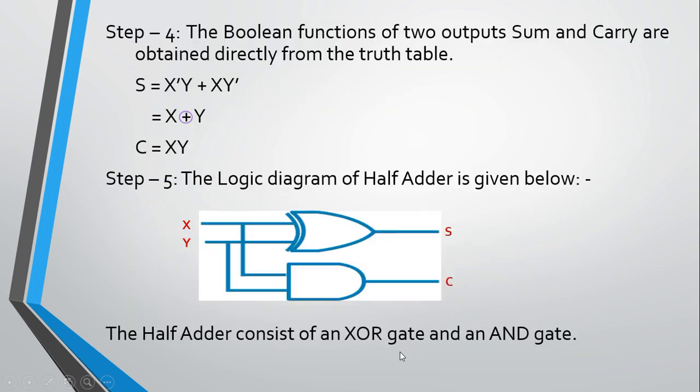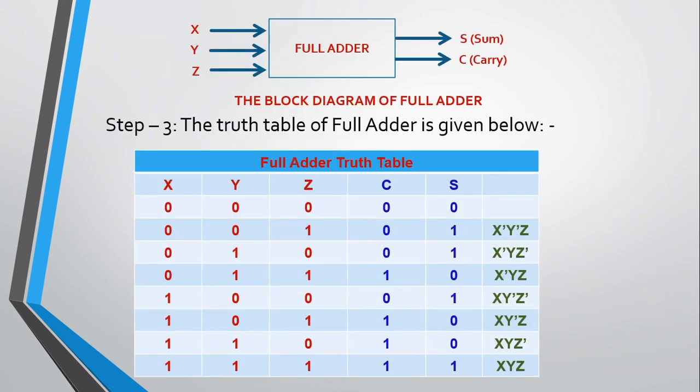So similarly in the truth table of full adder, you need to count how many 1 are there. Based on that you need to write sum. In the first combination there is no 1, so you need to write 0. Over here only single 1 is there, so you need to write 1. In this single 1, so you need to write sum as a 1. There are 2 times of 1 over here, so 1 0.